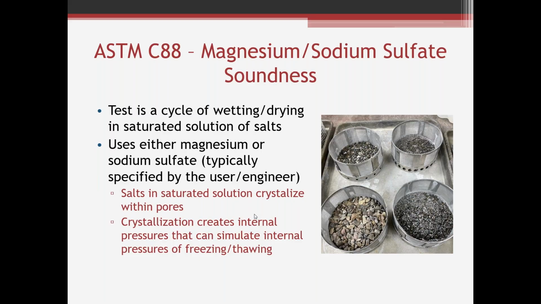And how this test works, again, it's kind of a wetting and drying, where we take the samples in these stainless steel baskets, and we submerge them in a magnesium sulfate or sodium sulfate solution that's got a defined specific gravity, so we know the concentration. You soak it in that, then you take it out and put it in an oven to dry out, and as it's drying, the salts crystallize and the solution gets in the pores.